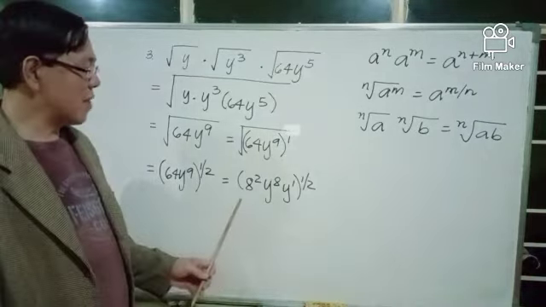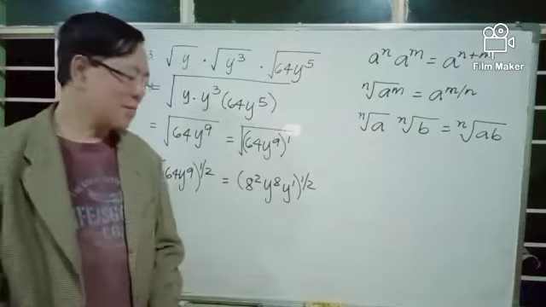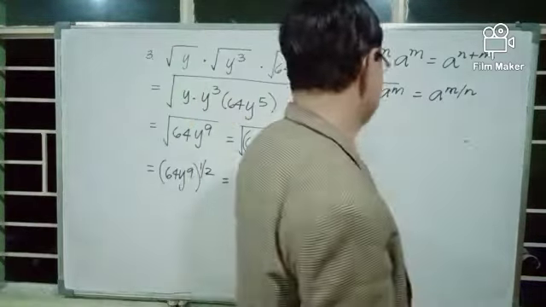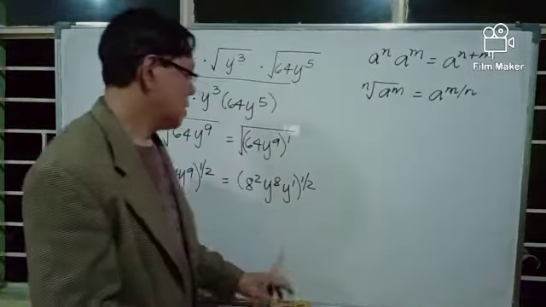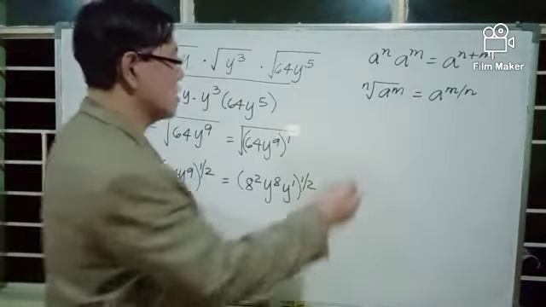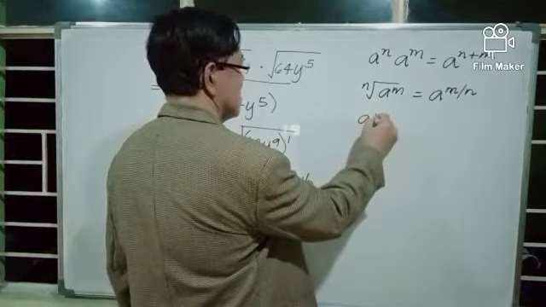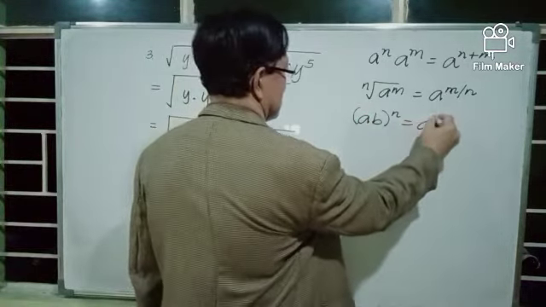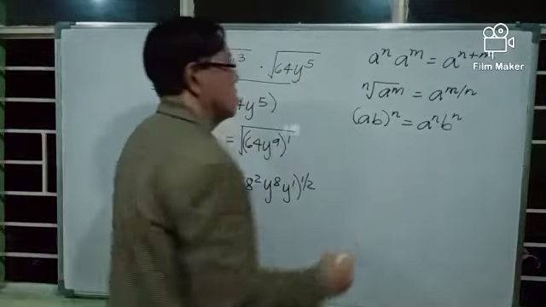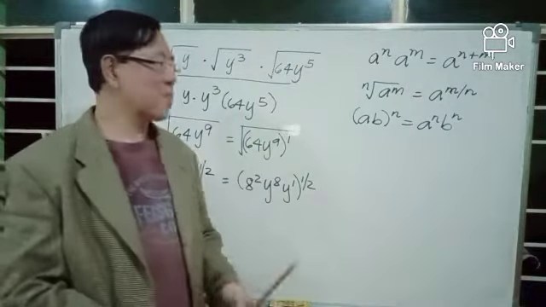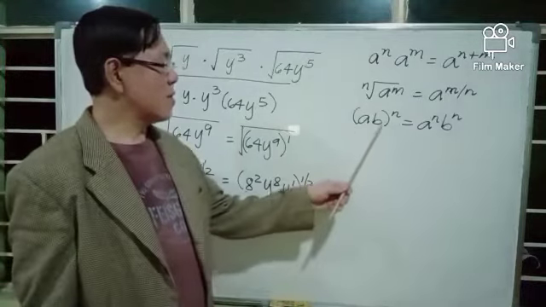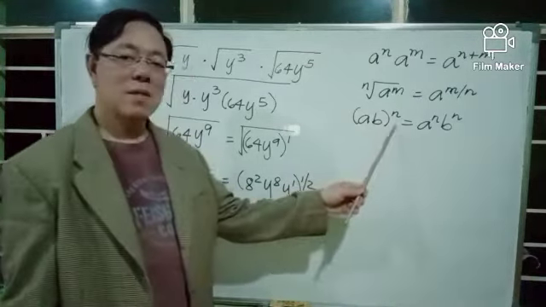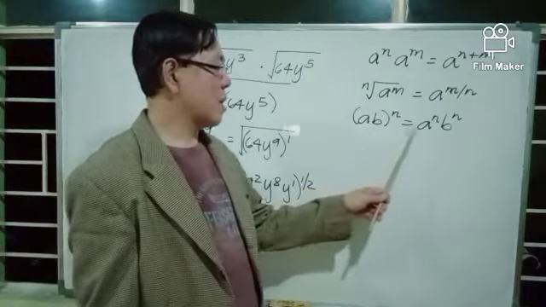Again, to simplify this further, we apply a property of exponent that says: the product AB raised to n is equal to the product of A raised to n and B raised to n.